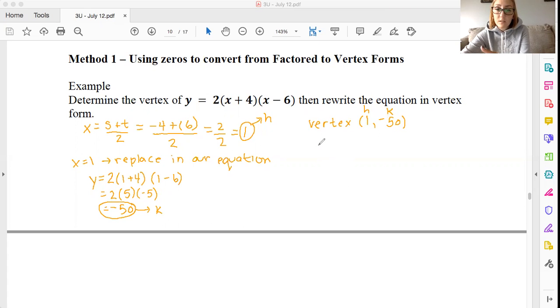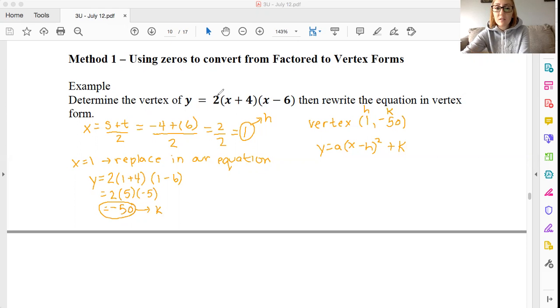Okay, so our vertex form without any numbers at all is y is equal to a(x minus h) squared plus k. So that's why if we find our vertex, it helps us a lot because it puts us right into our vertex form. So it's nice and easy. And then like it said above, our a is going to stay the same because there's no number in front of these x's.